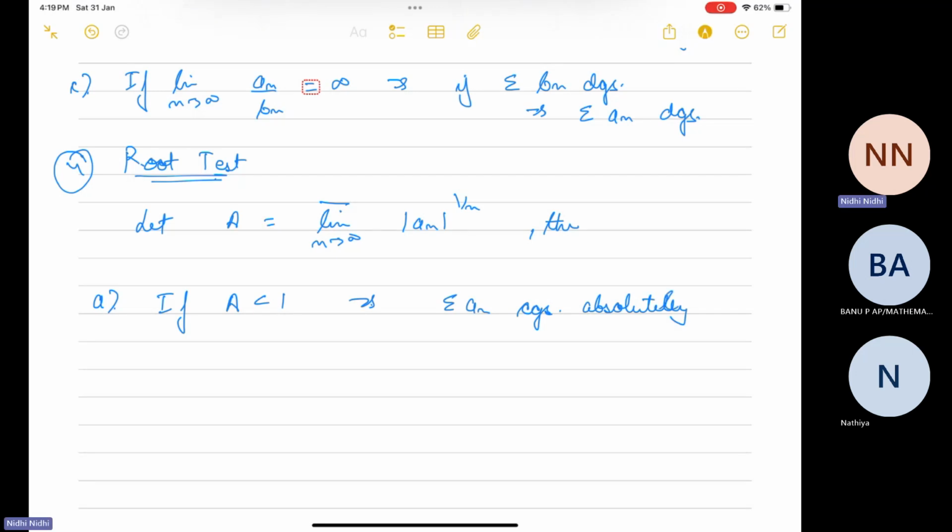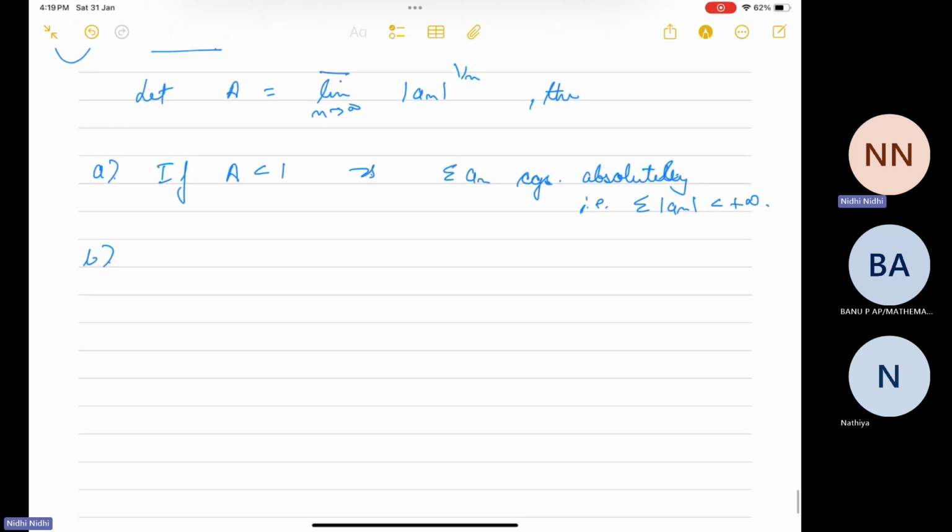That means summation |a_n| converges. Then we have a greater than 1. If a is strictly greater than 1, then the summation a_n diverges. And for the case of a equals 1, we don't know anything. Test fails.